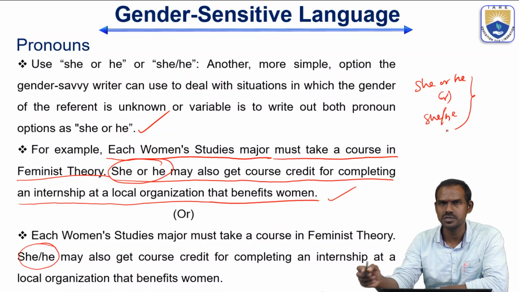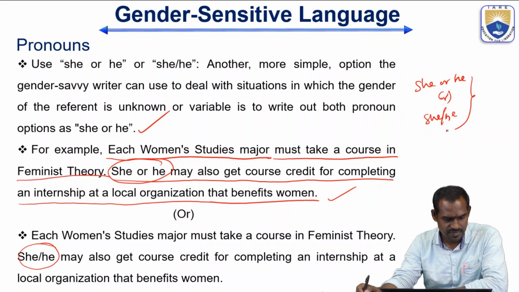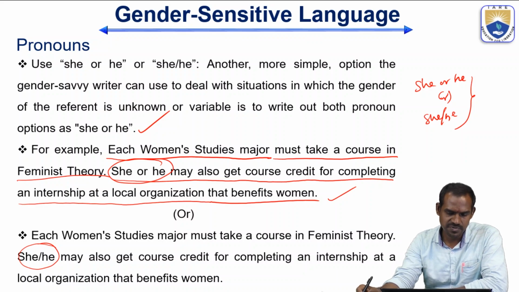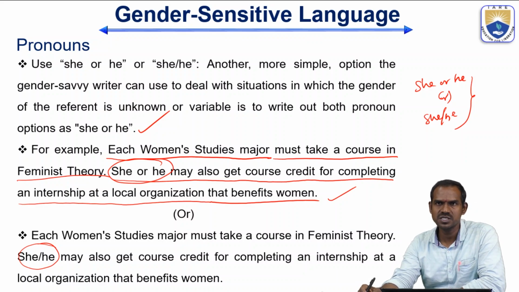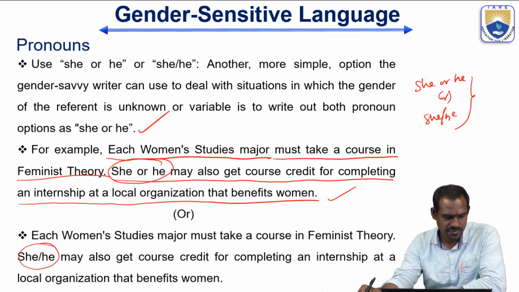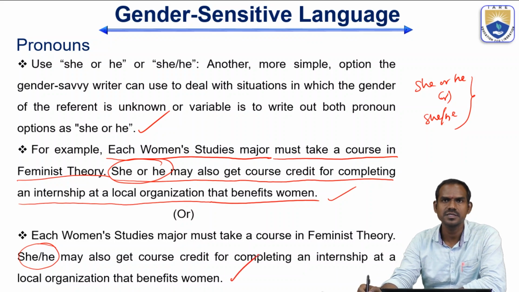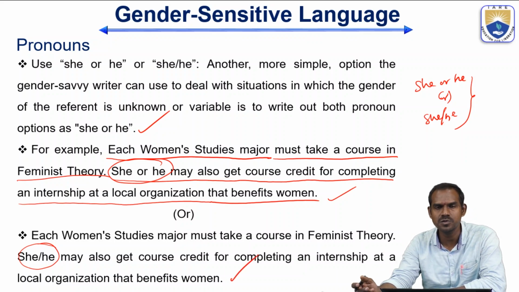It can be used in any way. So each women's studies major must take a course in feminist theory. Stop. She/he may also get course credit for completing an internship at a local organization that benefits women. Yes, I hope you understood how to use the pronouns she or he, or she/he.